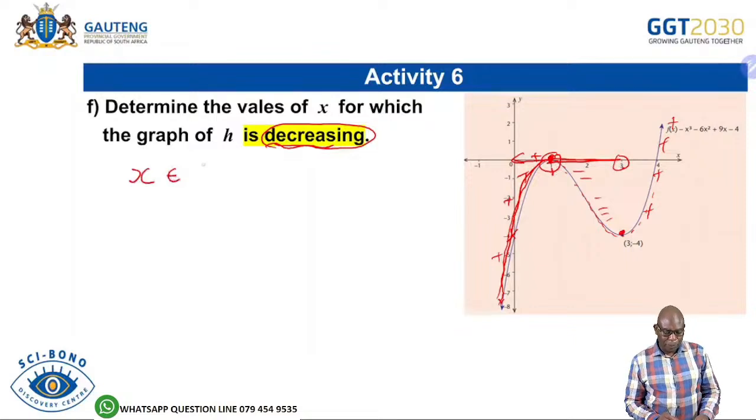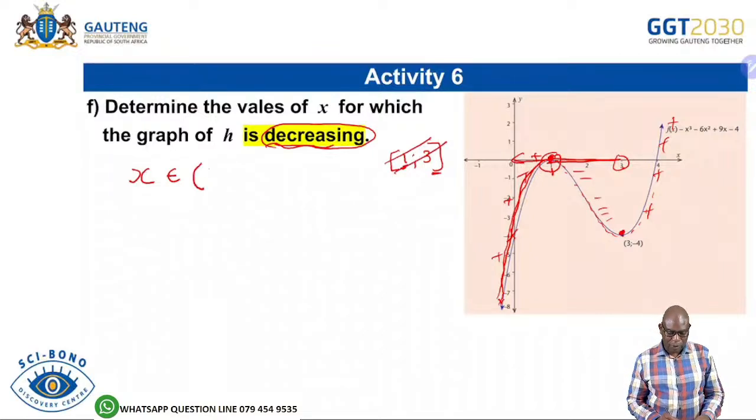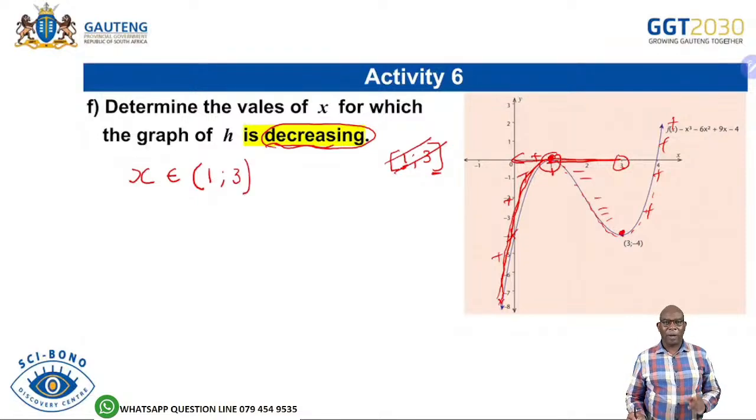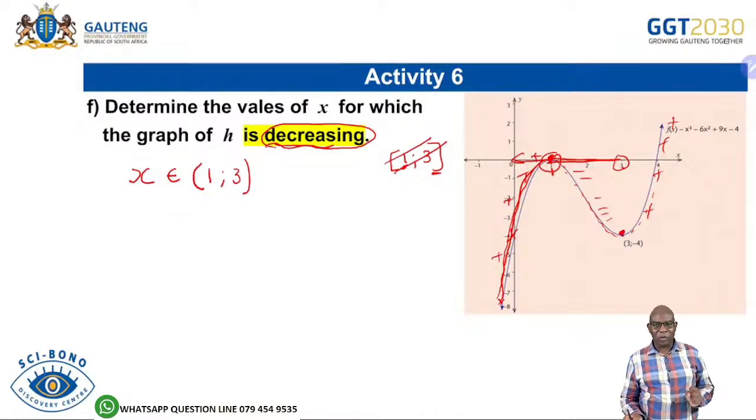If I put square brackets, it will mean that I am including the 1 and the 3. But if I include the 1 and the 3, then at 1, it's stationary. It's not decreasing. So those square brackets will be wrong. So I need to write the round brackets, 1 and 3. All round brackets.